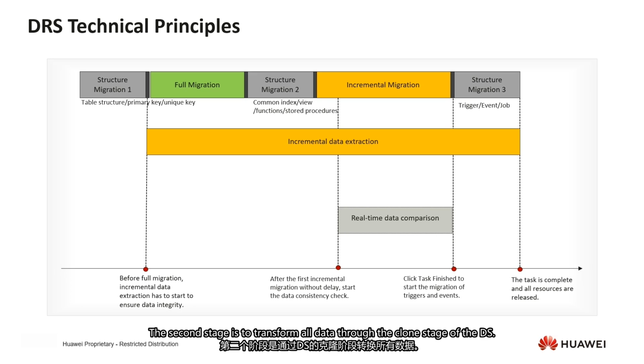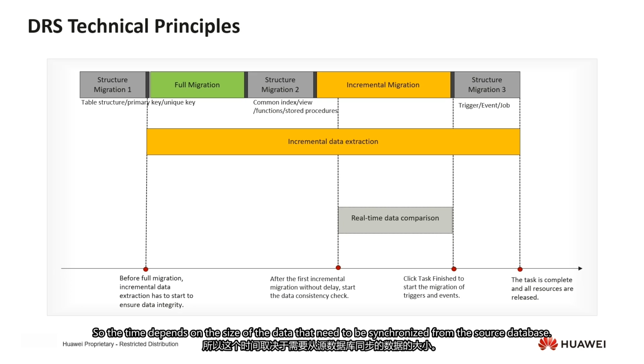The second stage is to transform all data through the clone stage of DIS. During this process, data that needs to be synchronized from the source end will be extracted, so the time depends on the size of the data that needs to be synchronized from the source database.